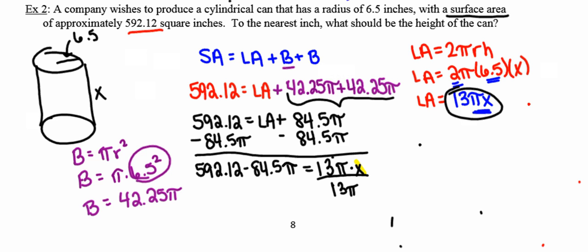And if I divide the right side by 13 pi, I have to divide the left side by 13 pi as well. So now on the right side, I've isolated x. On the left side, I have the 592.12, subtract the 84.5 pi, all divided by 13 pi.